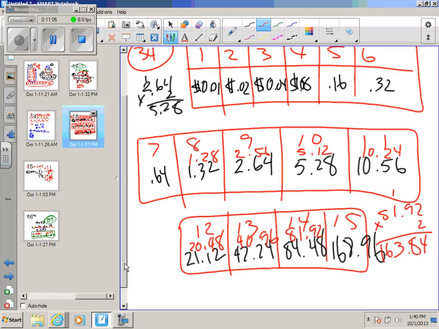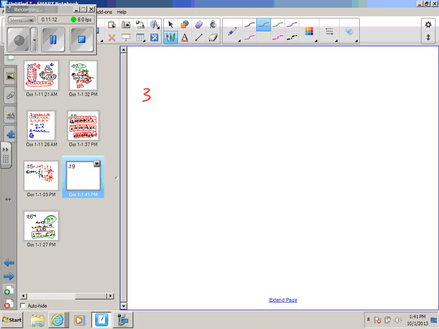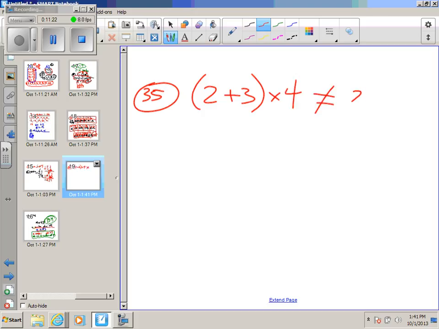So how about 35? You'll see one like this tomorrow. They'll give you two order of operation problems, and they'll ask you to explain why they're not equal.